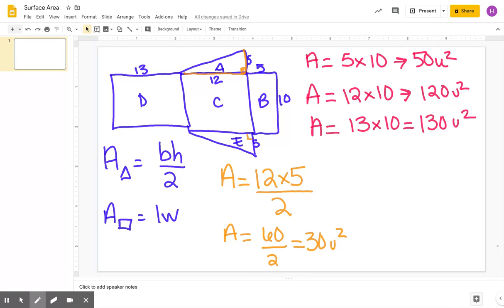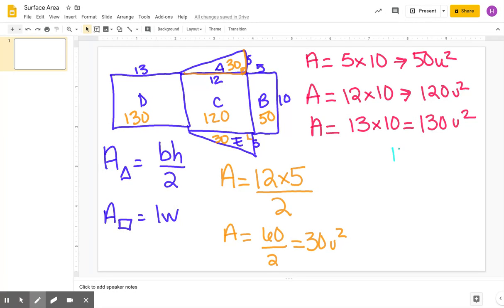So what we need to do now, I'm going to just write all the numbers in just so you can see we have finished all. We said this was 130, this was 120, and this was 50. So we have all of the areas of each individual piece. And now, because surface area is the area of the entire surface, we're going to add all of those up.